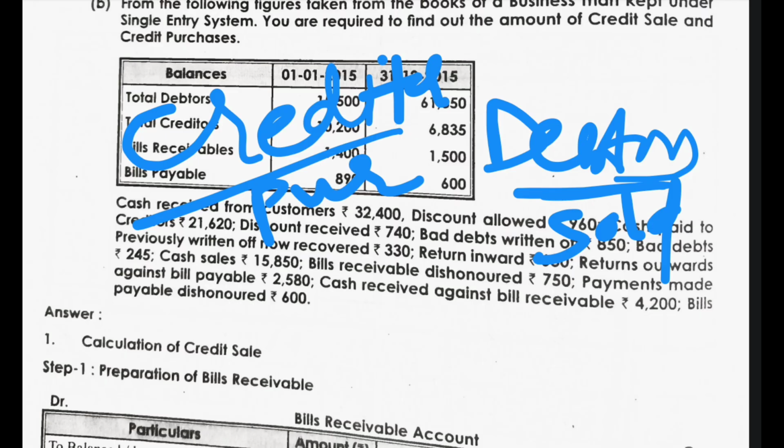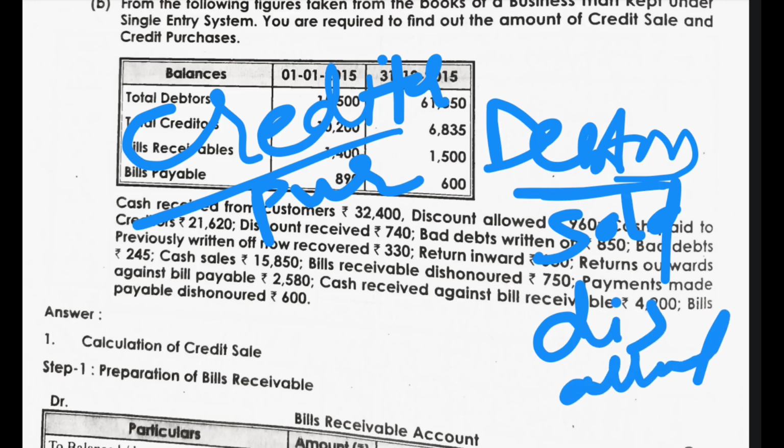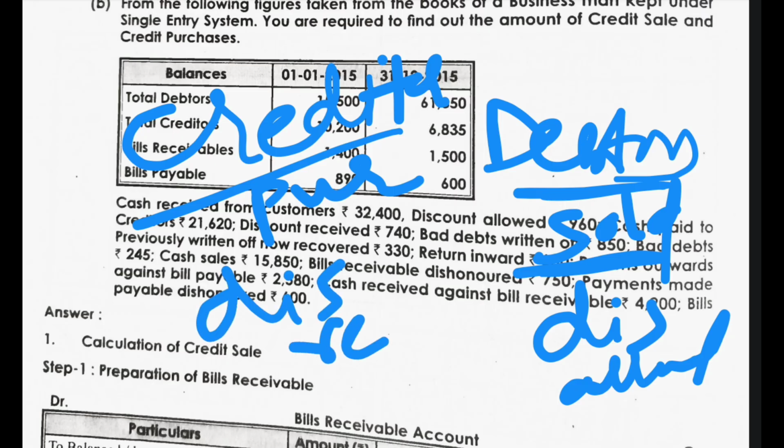We have already sold the goods to some customers and now we are receiving the cash. Discount allowed is related to selling the goods, and discount received is when we purchase the goods. Discount allowed is always related to the debtors only, sales of the goods. Discount received is related to purchasing the goods, where we get the discount.